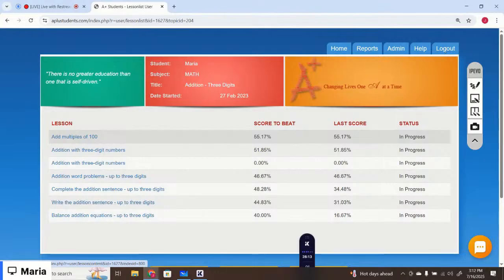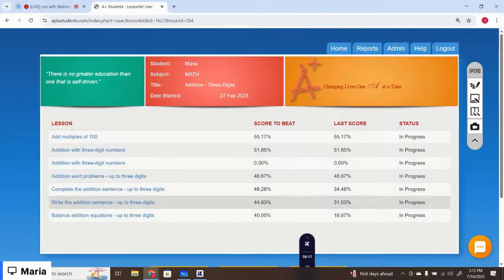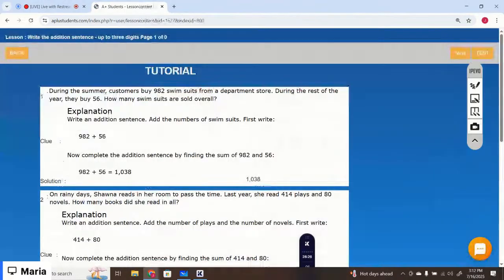Write each sentence up to three digits. During the summer, customers buy 982 swimsuits from a department store.